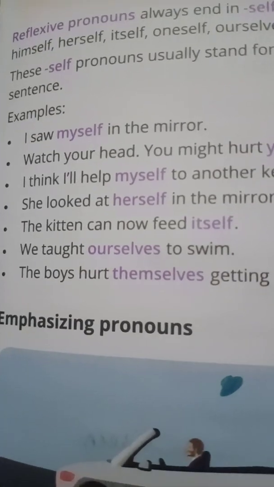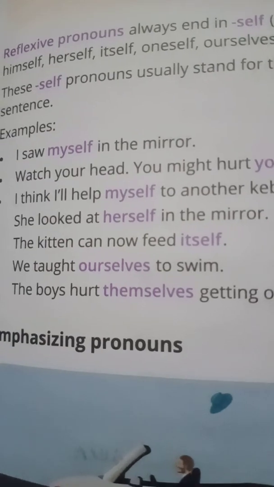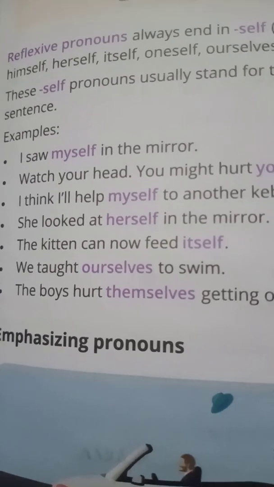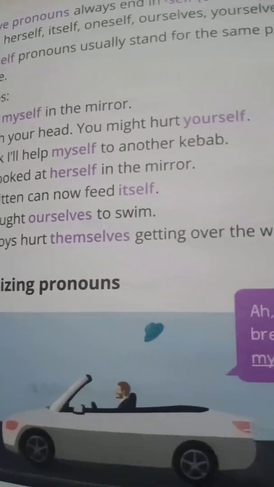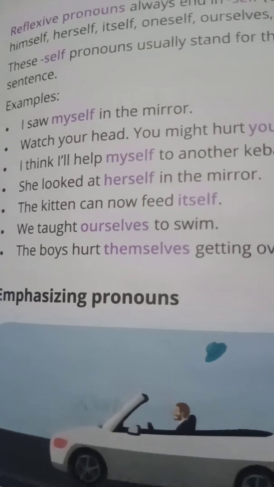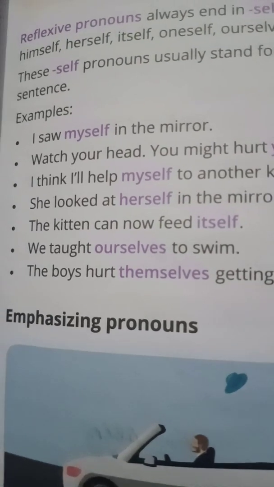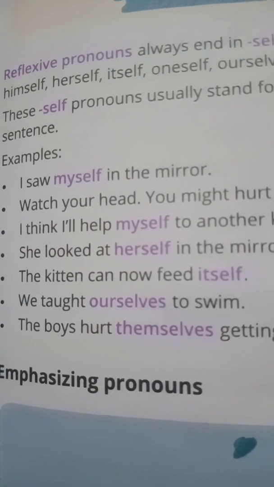We taught ourselves to swim. Here the reflexive pronoun ourselves stands for the same person, we. The boys hurt themselves getting over the wall. Here the reflexive pronoun themselves stands for the same person, the boys.